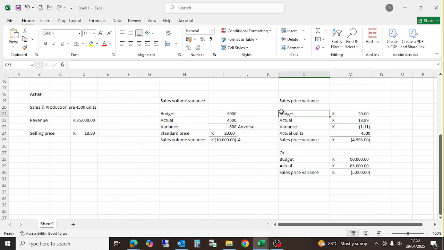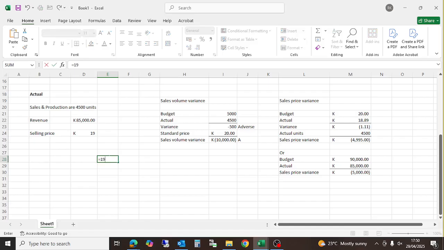The more accurate one is where we just get the price exactly the way it is. 19 times 4,500 is 85,500.